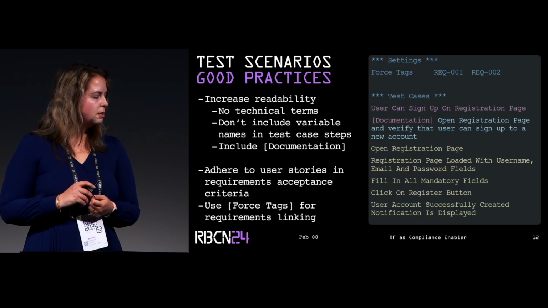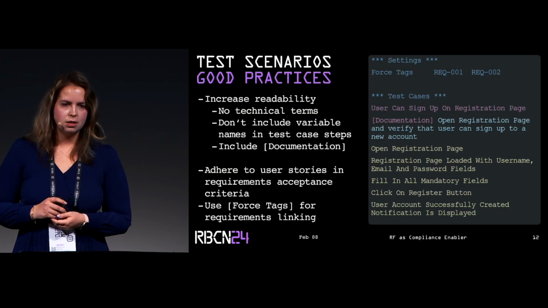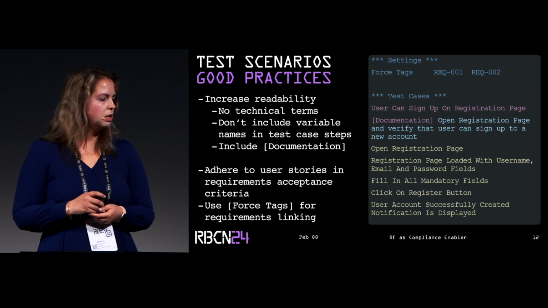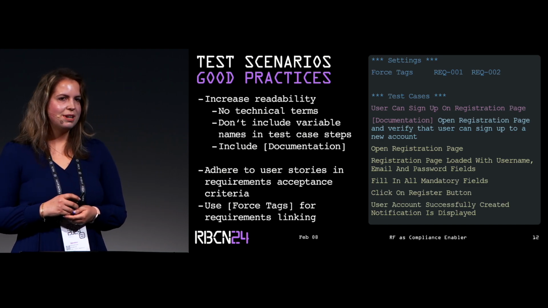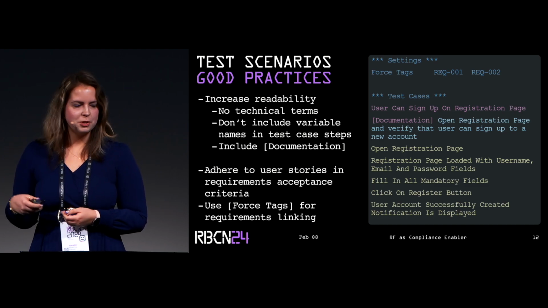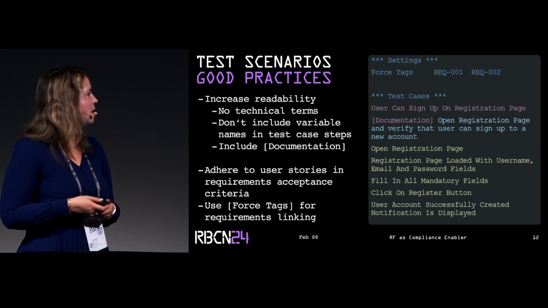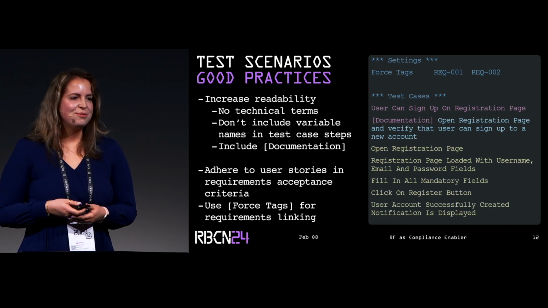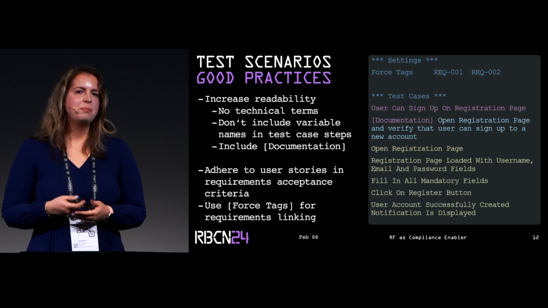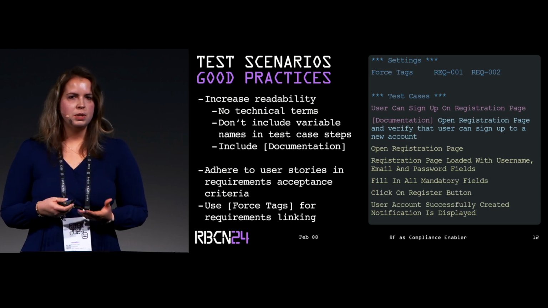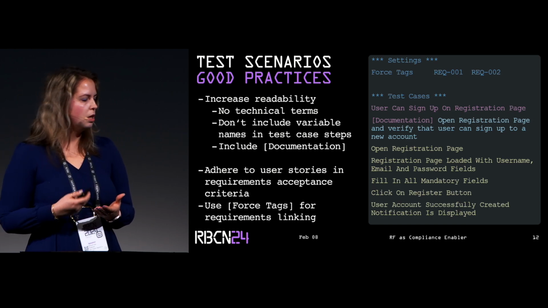Let me start with some good practices for writing the test scenarios. I think it goes well hand in hand with the previous presentation on Gherkin. First thing you should keep in mind is to increase the readability of the test scenarios.